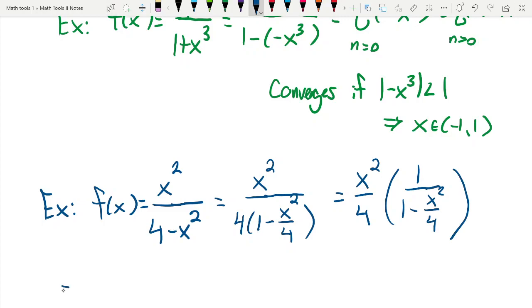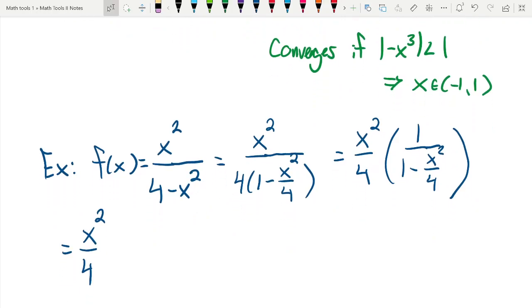So now that inside part, this part will just kind of bring along with us, the x squared over 4. And then this inside part, we know then that is equal to the sum from n equals 0 to infinity of x squared over 4 to the n. Okay.